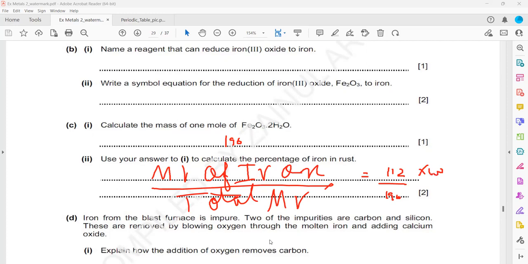Yeah, that's right. This will give you the percentage: how much iron divided by total mass times 100.